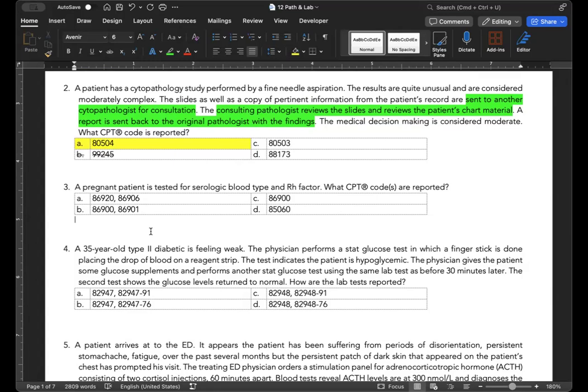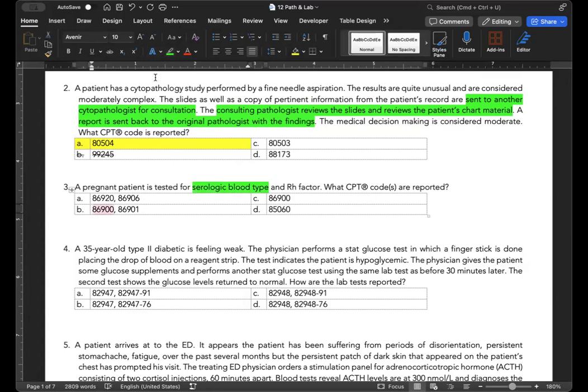Eight six nine hundred. That is for blood typing serologic ABO. Does that sound like what we did? Yes. Okay. So we did do the serologic blood type for ABO.